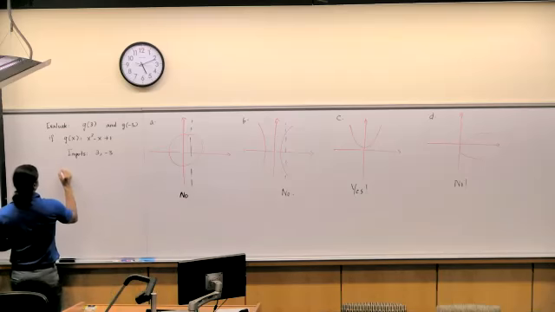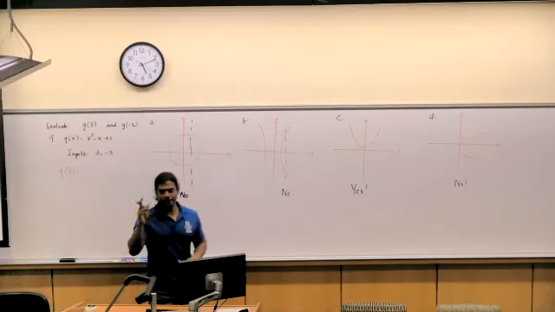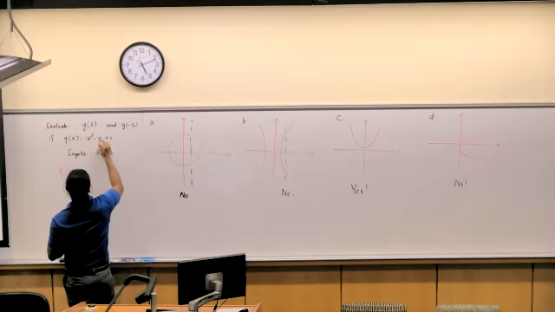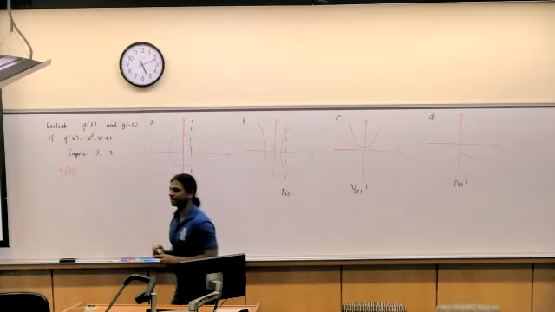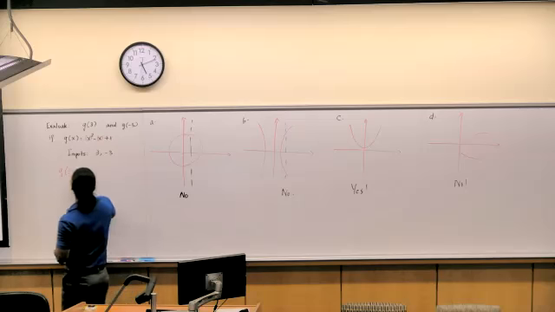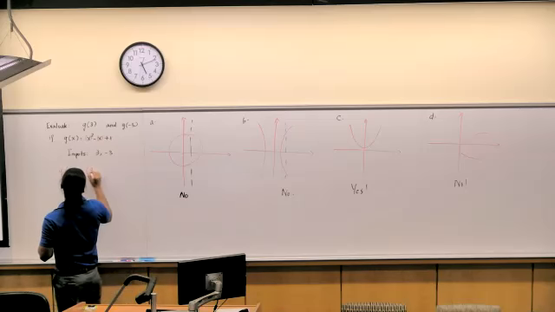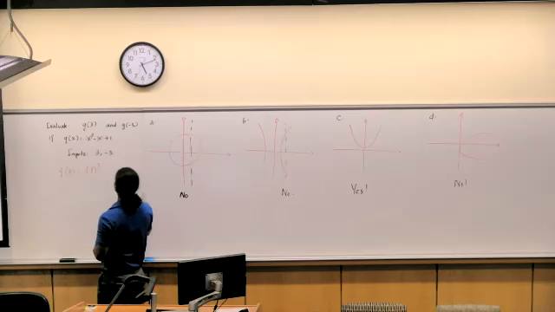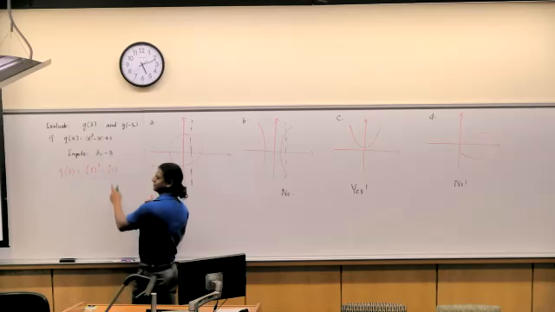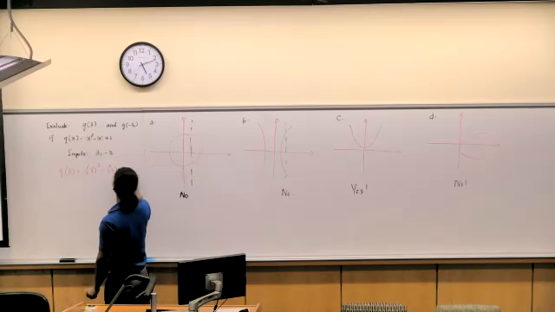So anytime you have an exponent, put it within parentheses. It is good practice so that you don't make mistakes. So (3) squared minus 3 plus 1.